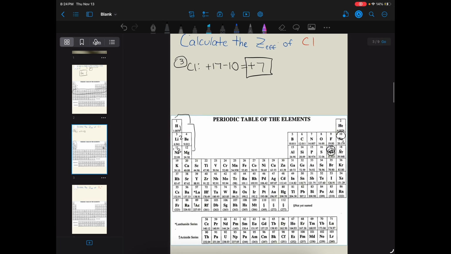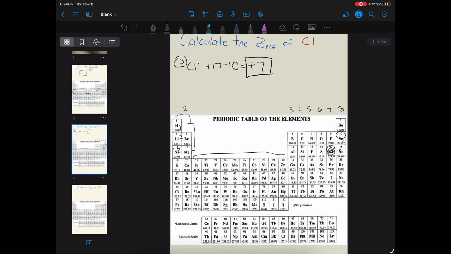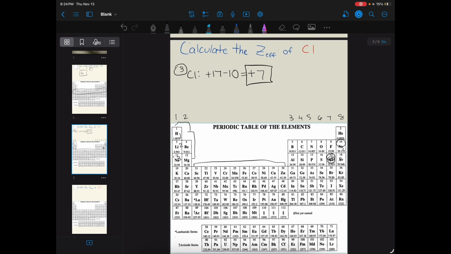And just a way to double check for these neutral elements, minus the inner transition elements over here, we can just count by saying group 1, 2, 3, 4, 5, 6, 7, and 8. So by just looking at these groups here for neutral elements, we would be able to see what the Z effective is.